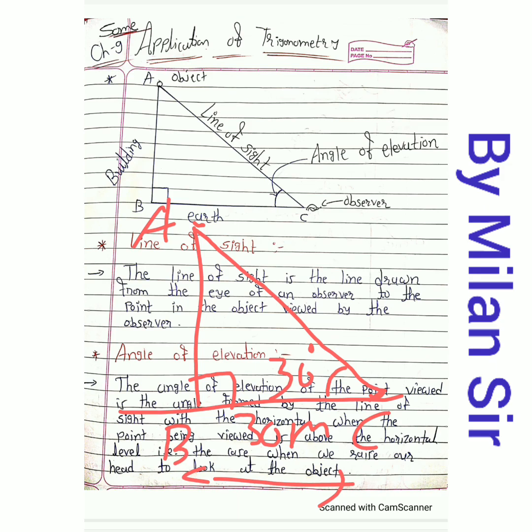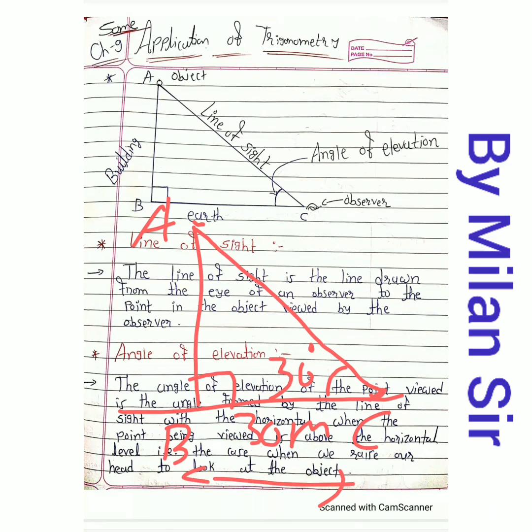Sometimes the height of a building is very large, and at that time we cannot find the height by measurement. At that time we can use this concept, because right now advanced technology is there. If we throw a laser light from any point to some height, then by instrument we can directly find the angle between the horizontal and that ray of laser.